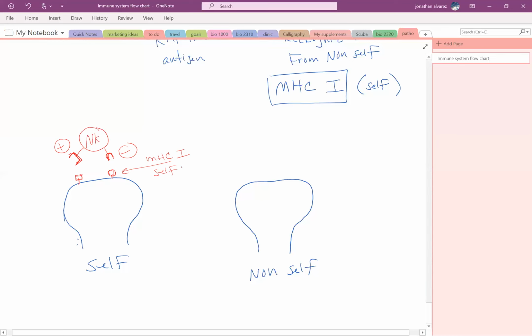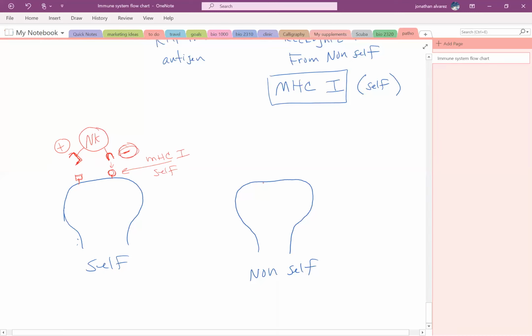Okay, so these natural killer cells are constantly scanning your body, constantly scanning the cells, constantly scanning tissue. So when the inhibitory part recognizes self, nothing happens. Okay, everything's okay. So it's inhibited.